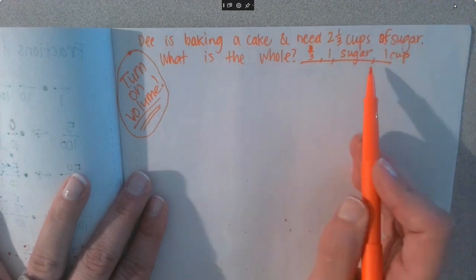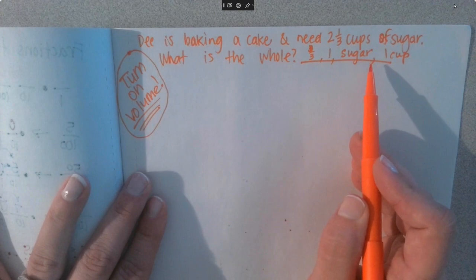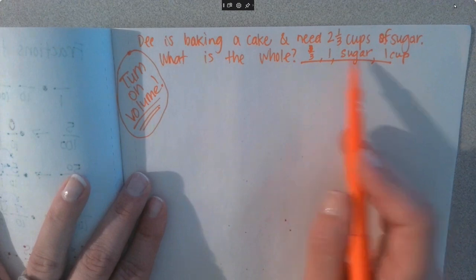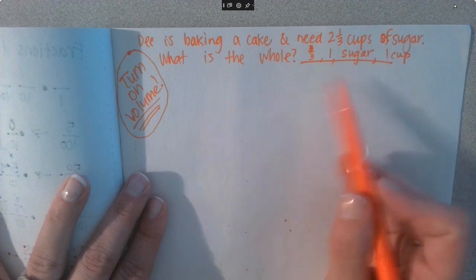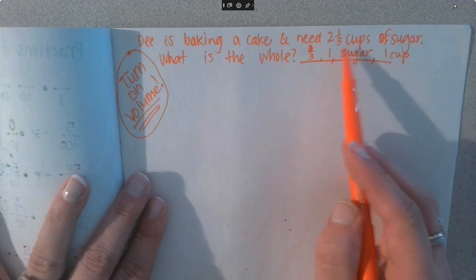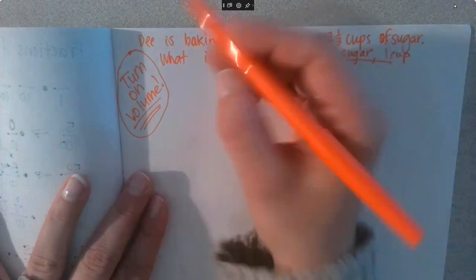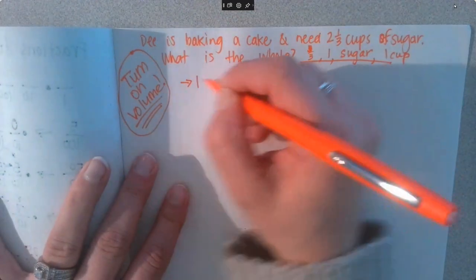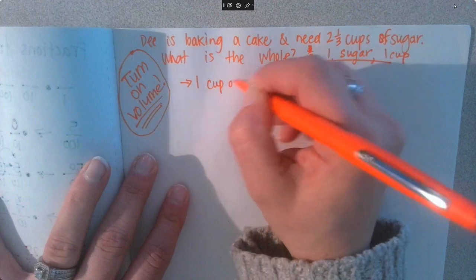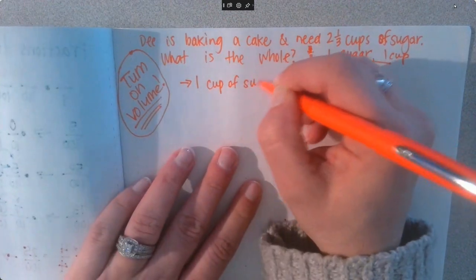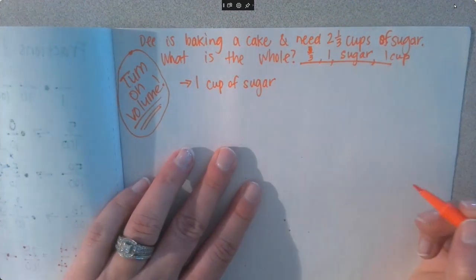Sugar can be the whole, but we really need to define a little bit more clearly what the whole might be. So in this case, with baking a cake, maybe the whole is 1 cup of sugar, okay? So this is our definition of the whole for this example.